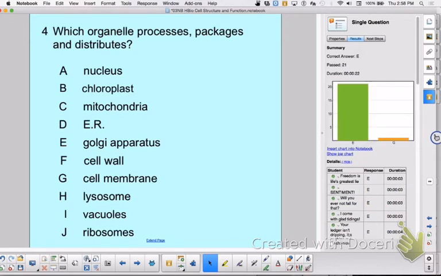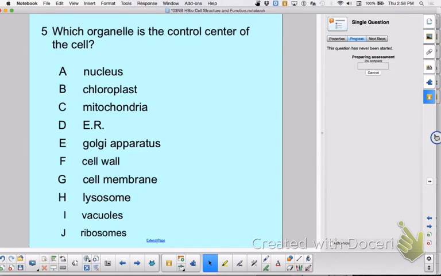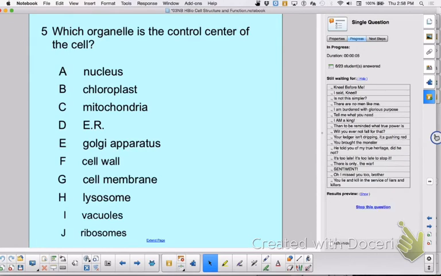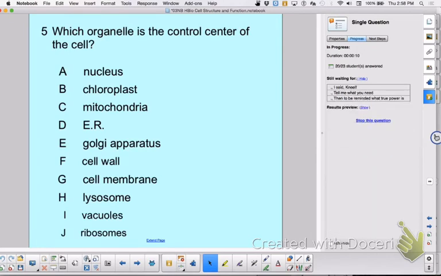Oh, anger. Who's doing that? No, no. That's the UPS man. Most of you got that. The Golgi apparatus. 5, 4, 3, 2. You guys ought to know them like this. 1.